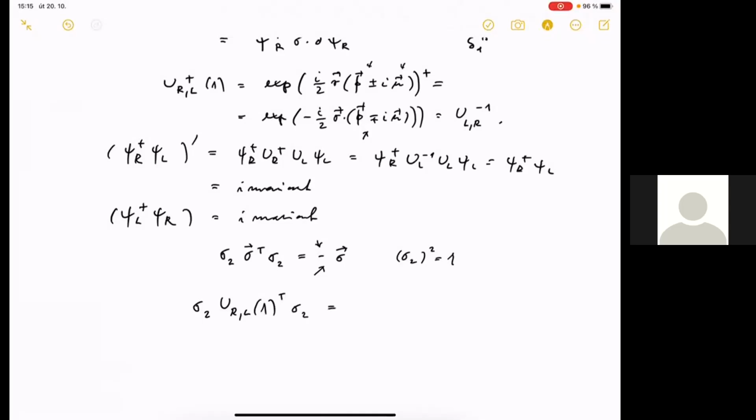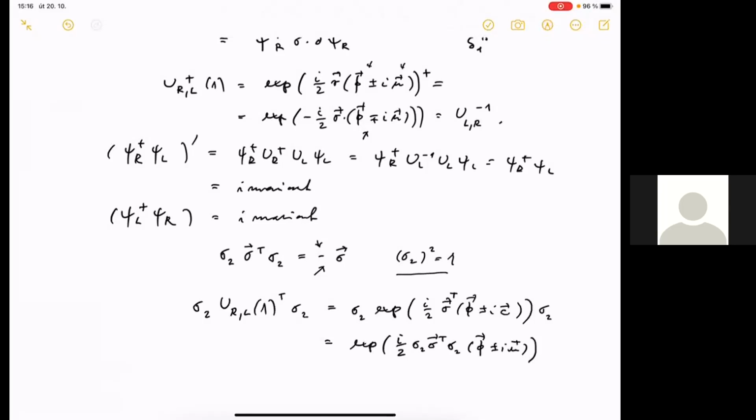So using the definition of this U_R,L, we obtain just the exponential of half sigma times this phi plus minus i u. And this should be transposed, and the transposition here means, in fact, transposition of these sigma matrices. Expanding this exponential in a power series and using this relation, it is easily seen that this can also be rewritten as such an expression.